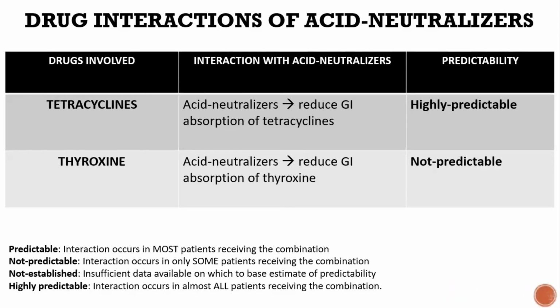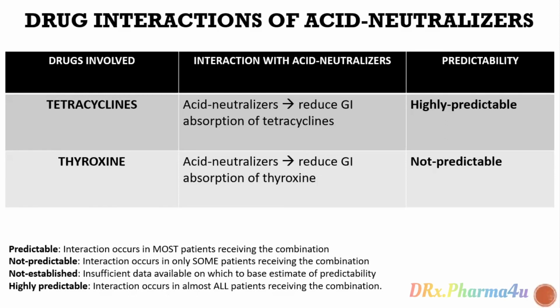Now we come to the last two interactions of acid neutralizers. This is tetracycline. I hope everybody knows tetracycline usually has a large list of do's and don'ts. Acid neutralizers reduce the GI absorption of tetracyclines. So this is a very highly predictable interaction.